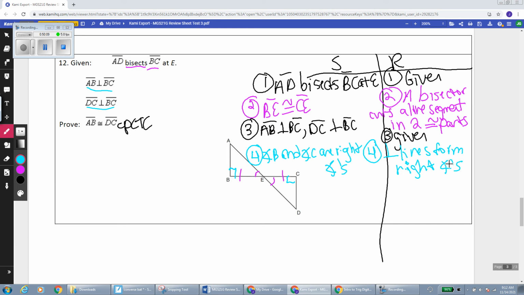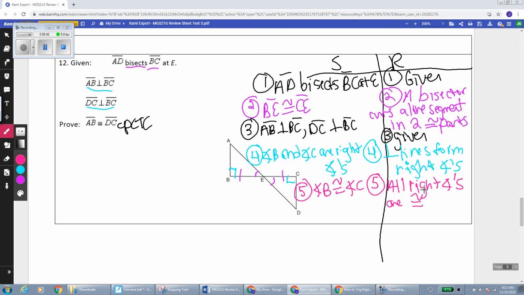And since I'm using this pair of angles as congruent angles to prove the triangles congruent by ASA, we do also need to make an additional statement about these two right angles. And we do have to say that the two right angles, B and C, are congruent to each other. And the reason that we can use for that is that all right angles are congruent. If you have any two right angles, they're always going to be congruent to each other. They have the same measure. So all right angles are congruent.